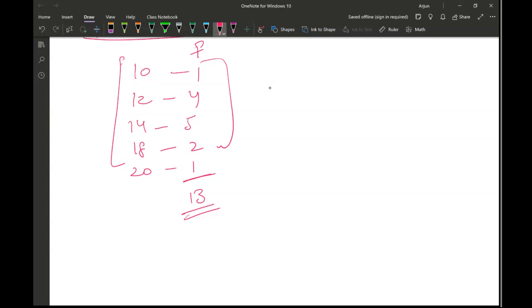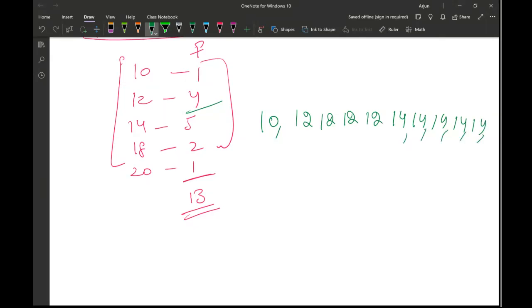So I wanted to find the median in this case. Median is the middle value. Median is not the mean. So median means middle value. So I'm going to write them in a simpler format just to understand. 10, 12, 12, 12, 12, because 12 is repeating itself 4 times. Then 14, 14, 14, 14, 14, 1, 2, 3, 4, 5.